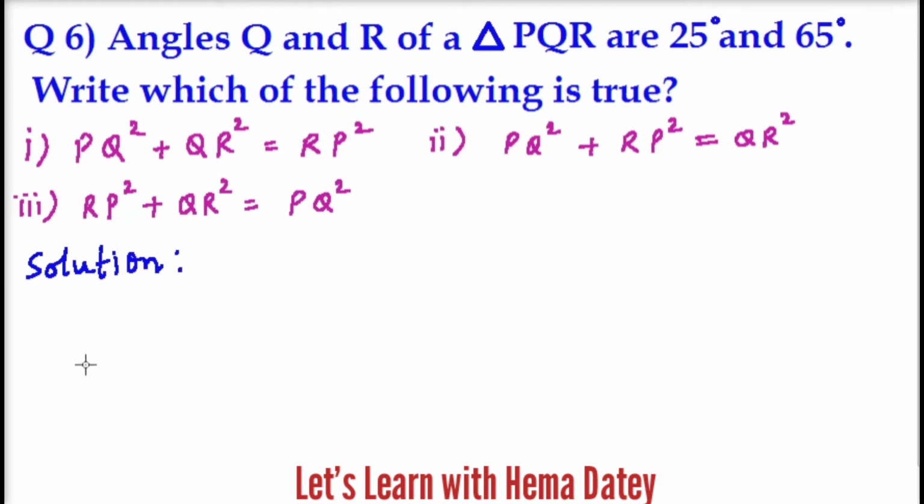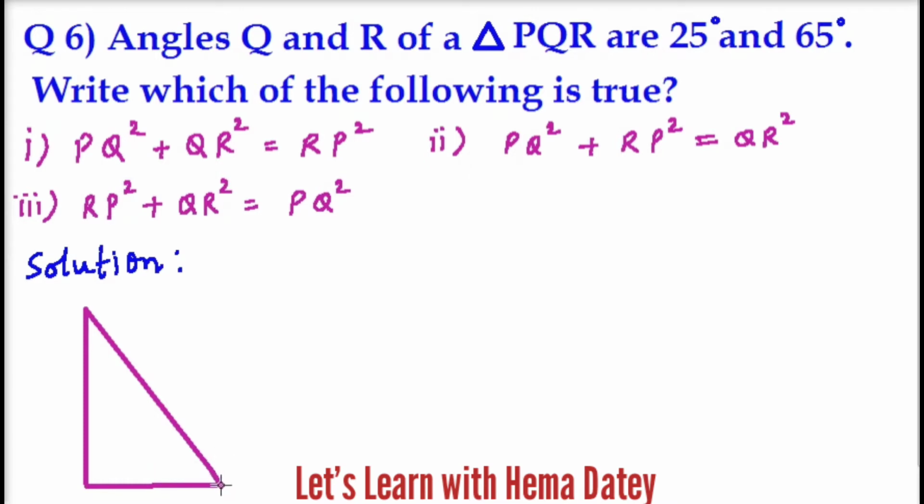So first of all, let's draw a triangle. This is perpendicular. This is hypotenuse. And this is the base of the triangle.